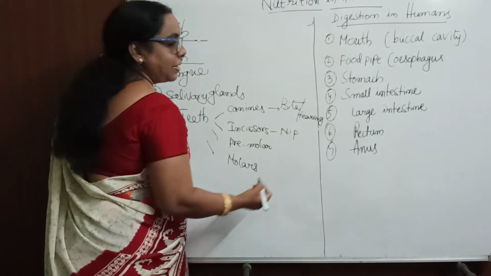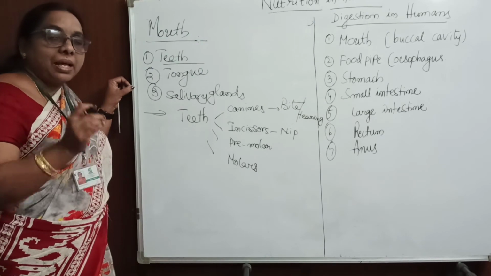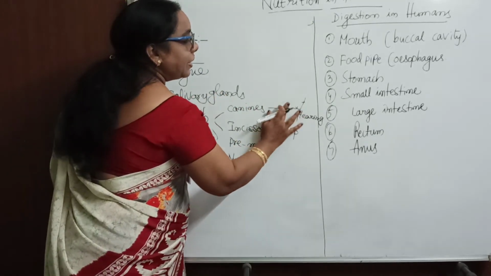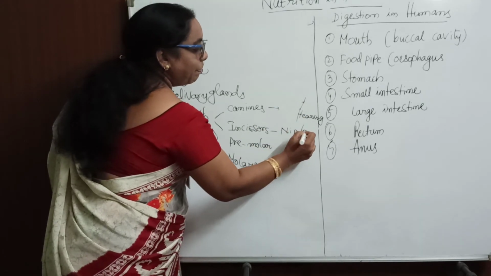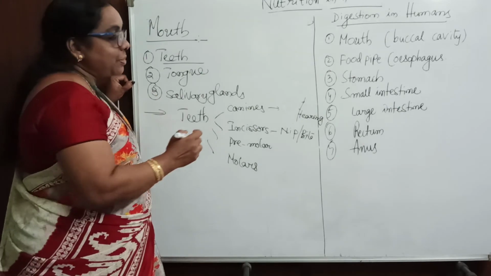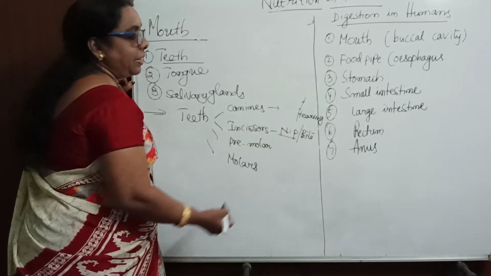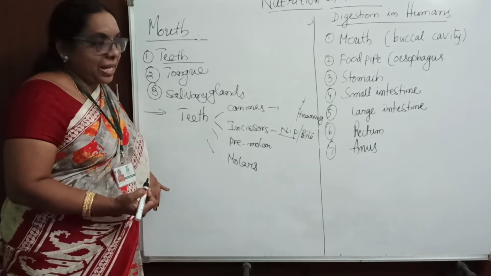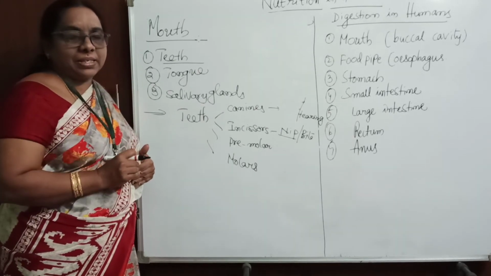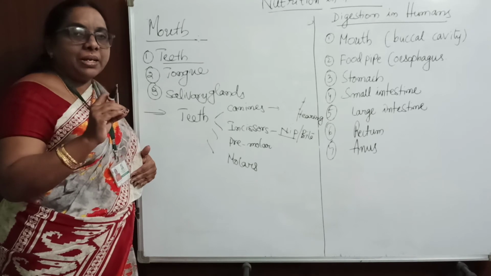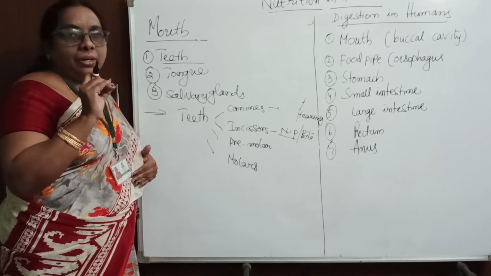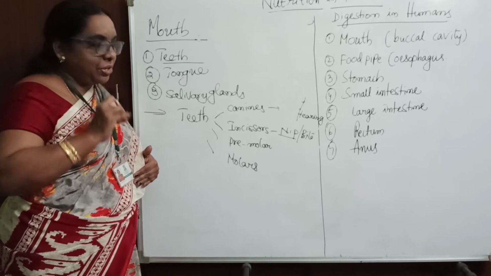The incisors are helpful only for nipping, or biting. Nipping especially in herbivorous animals. Herbivorous animals nip the grass with the help of these incisors.